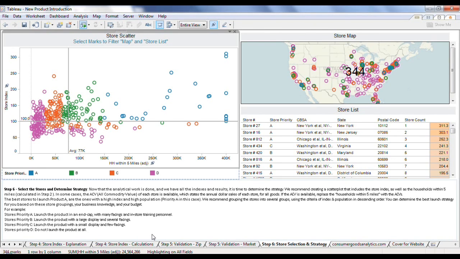For stores B, do a softer launch, and for C as well with fewer facings, and maybe for store D, don't launch the product at all. But that's just a suggestion. You are the experts on your business, and you know and understand your budgets and your targets for your product launch. So you can determine the launch strategy based on this approach.